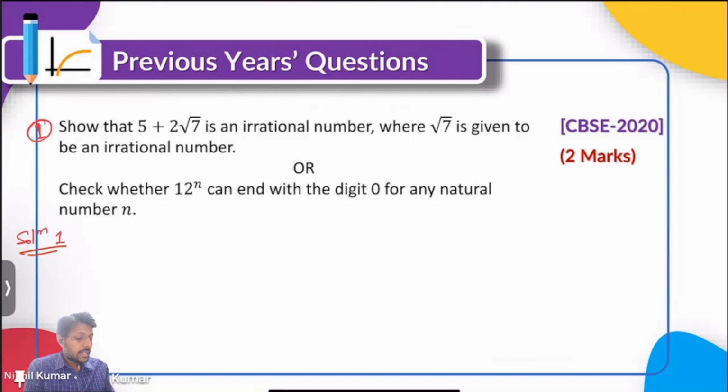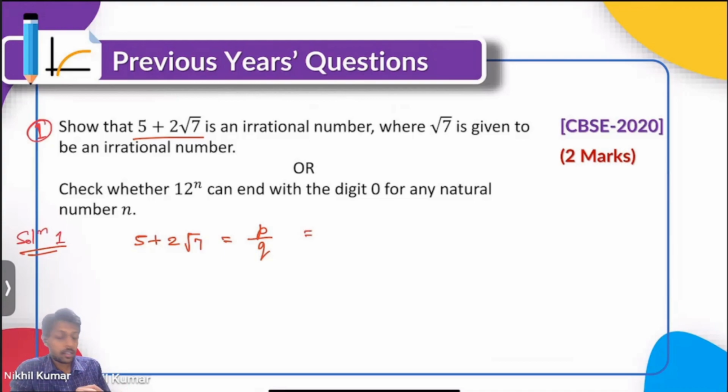Show that this is an irrational number. We're going to prove it by contradiction. We'll assume that 5 plus 2 root 7 is a rational number. That means it can be expressed in the form P upon Q. P upon Q can be cancelled and you might get two numbers.